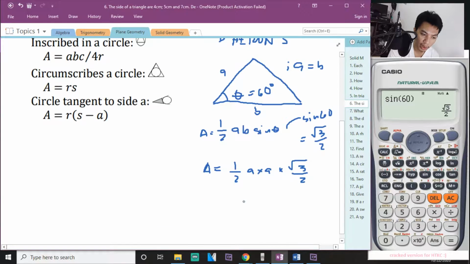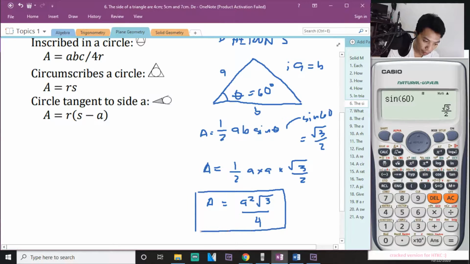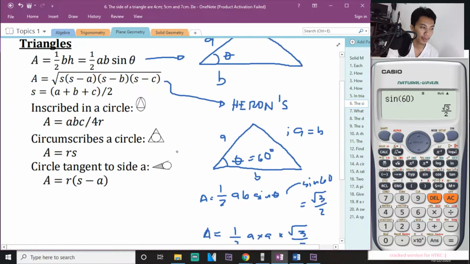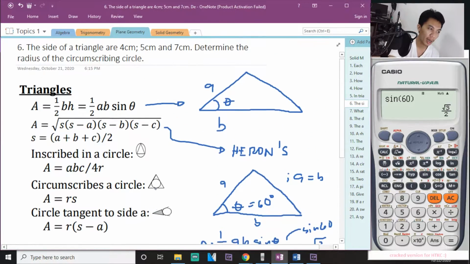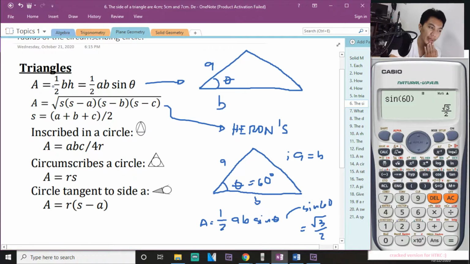So, the area for your equilateral triangle is equal to A squared, square root of 3/4. Meron pa bang ibang paraan? Yan na lang ang naisip ko. Tatlo lang talaga: AB sin theta, base times height, and then Heron's formula.